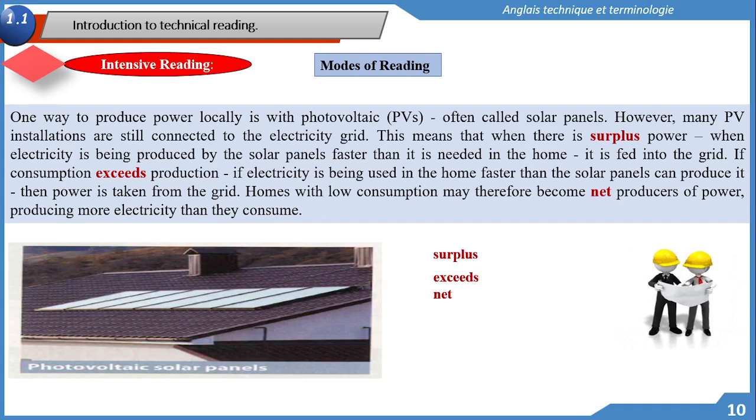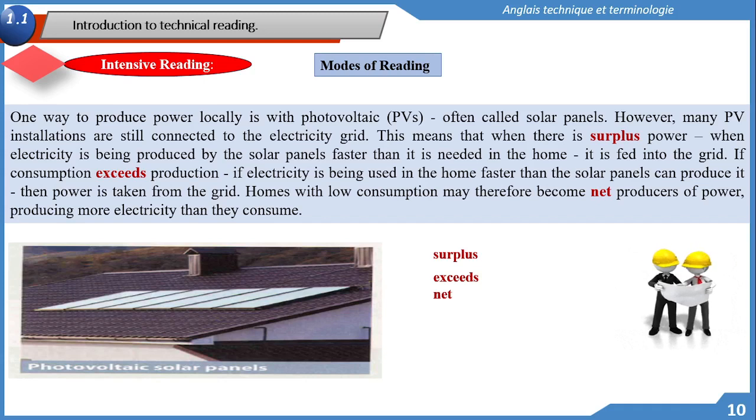One way to produce power locally is with photovoltaic, often called solar panels. However, many PV installations stay connected to the electricity grid. This means that when there is surplus power, when electricity is being produced by the solar panels faster than it is needed in the home, it is fed into the grid.